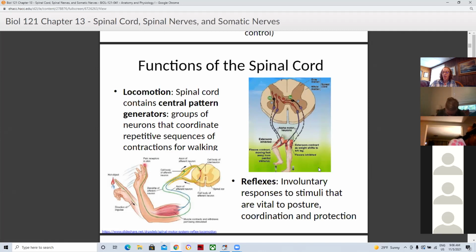Reflexes. Involuntary responses to stimuli that are vital to posture, coordination, and protection. If you've ever curled your hair, how many of you have ever grabbed the wrong end of the curling iron? How long does it take, Becky, for you to drop it?